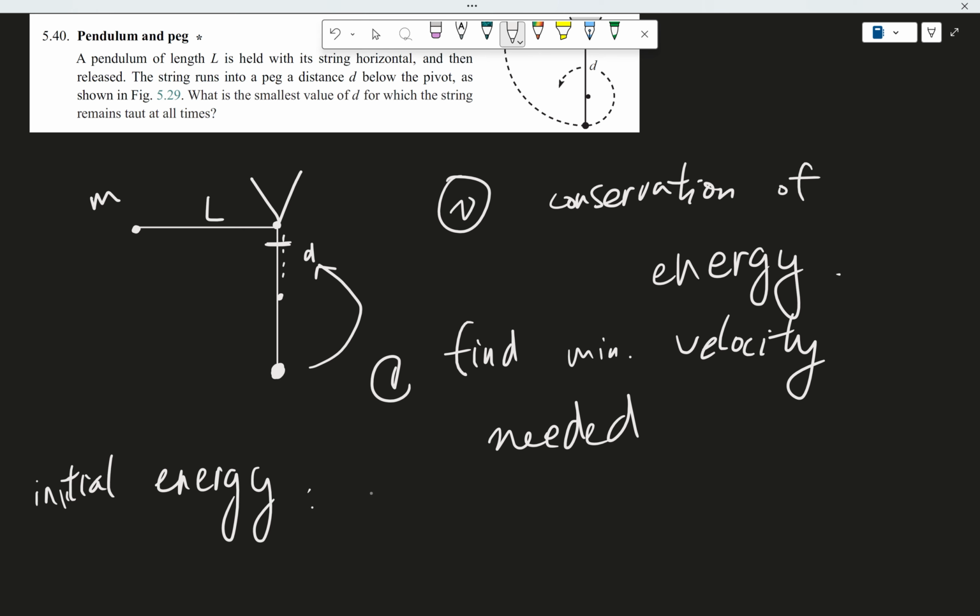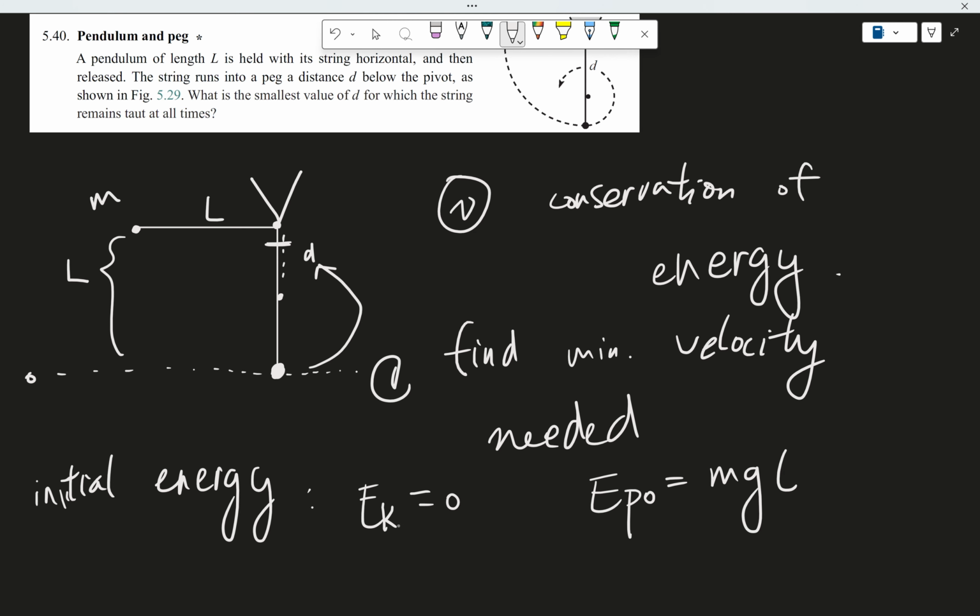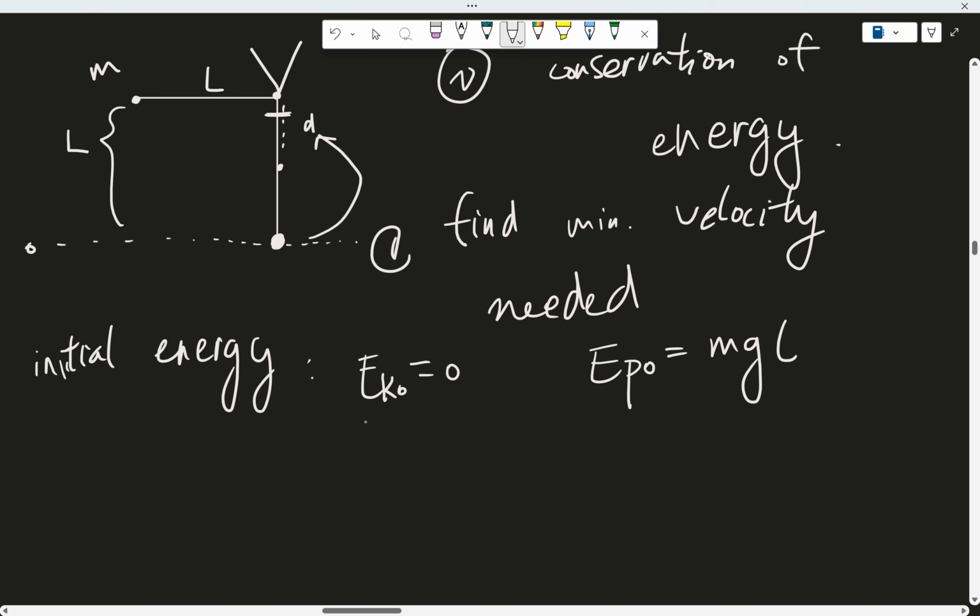Well, there's no kinetic energy since this mass starts at rest. And for potential energy, let's call the zero point the height when this mass is at its lowest point. Then this height is just L. So that initial potential energy is just mgL. Just add a 0 here to indicate initial.